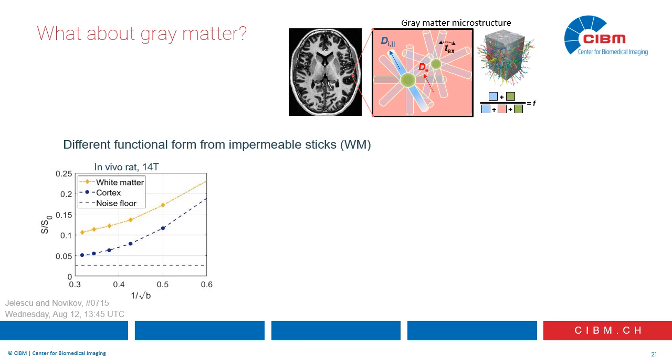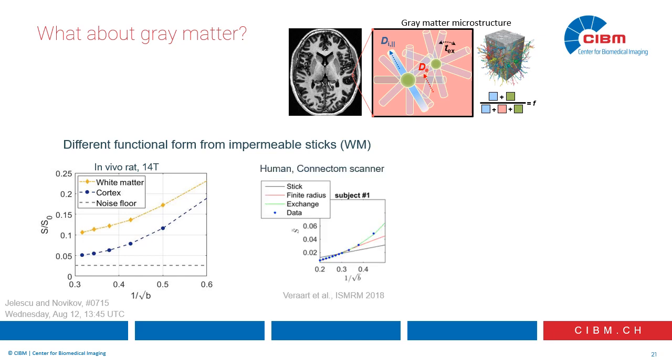Here in vivo in the rat brain, we see that the cortex follows a very different trend as a function of 1 over square root of b compared to white matter, which shows a roughly linear behavior at high b values. The same has been shown for humans using a connectome scanner.